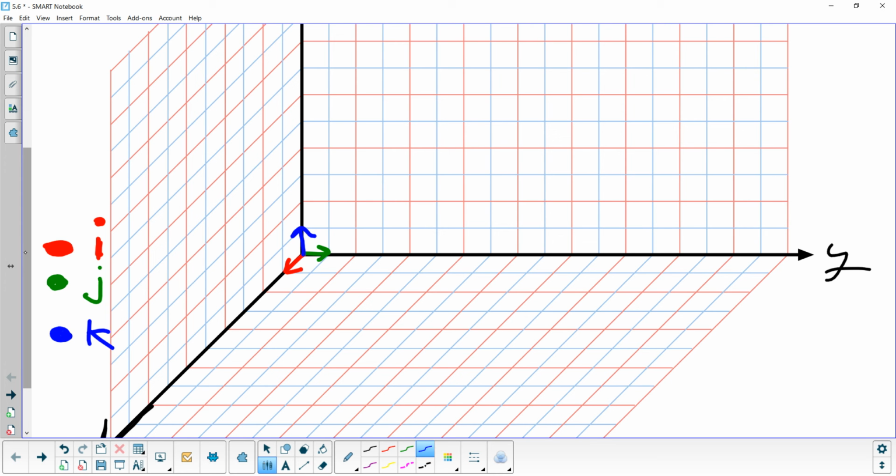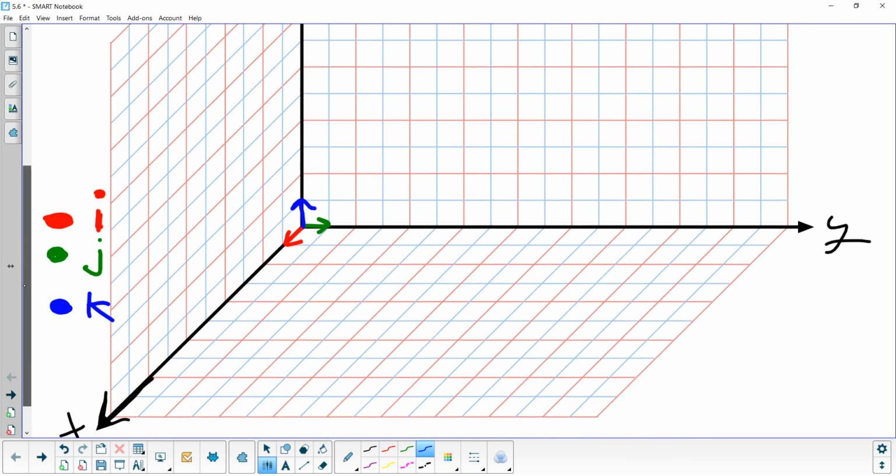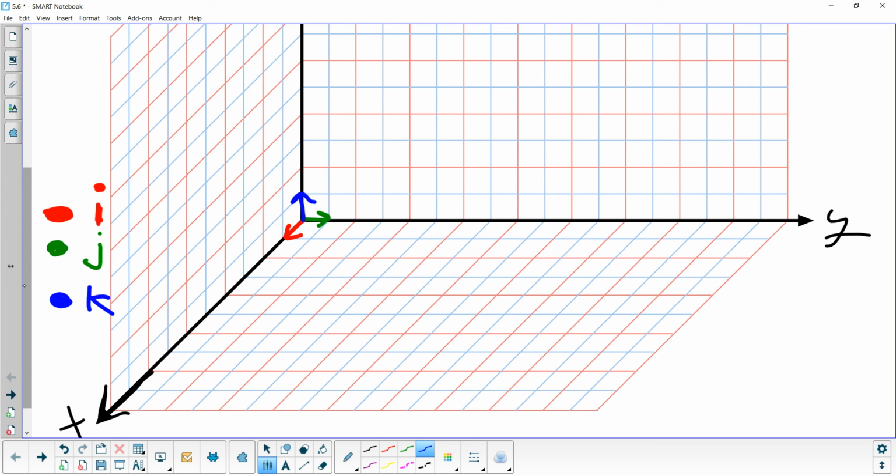Now we can stack I's, J's, and K's together any way we want, and that allows us to move in 3D. If you make them negative, you could move in the opposite direction as well. So, any question on what I, J, and K look like? All 1 unit long, all pointing along a different axis.